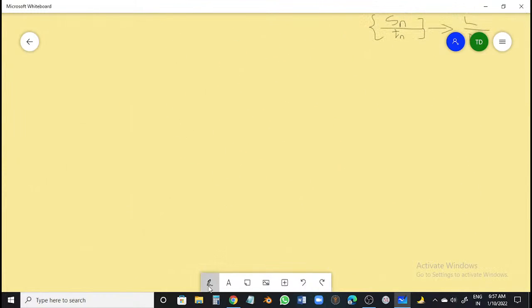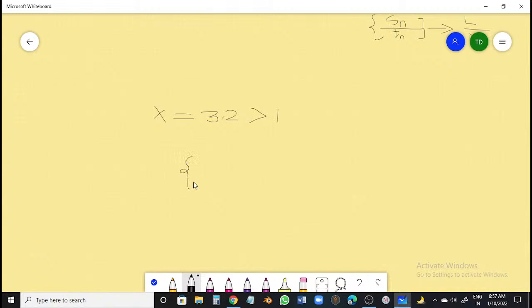Our x is 3.2. It's but sure that it is greater than 1, and whenever x is greater than 1, the sequences of the pattern x raised to n diverge to infinity. There is no question of getting a minus sign because all the terms are positive, the powers are going to be positive.